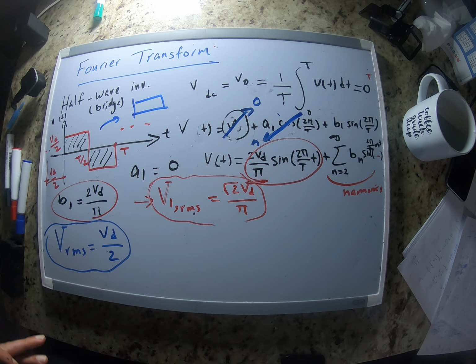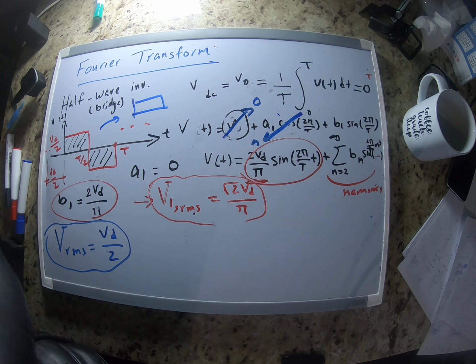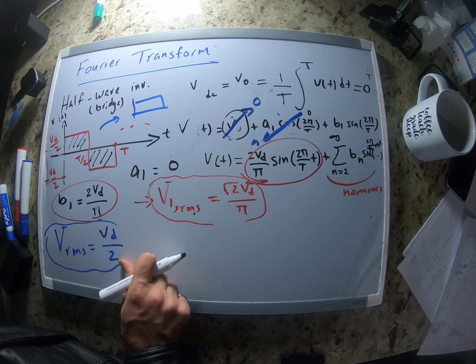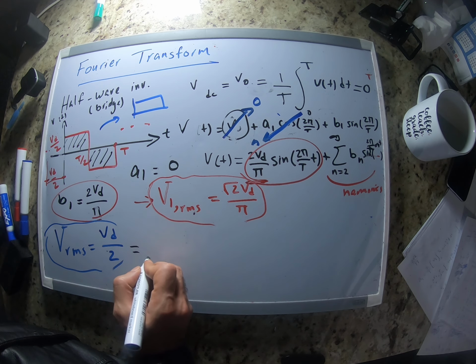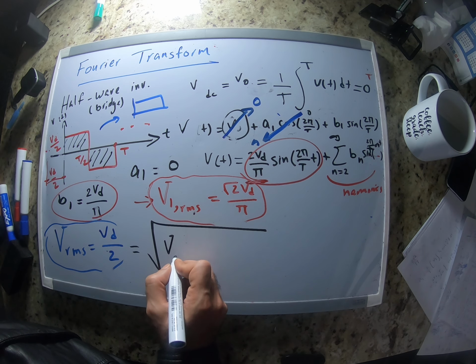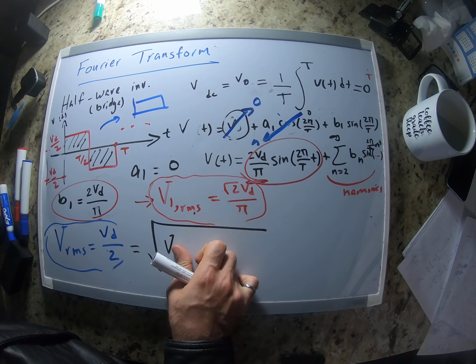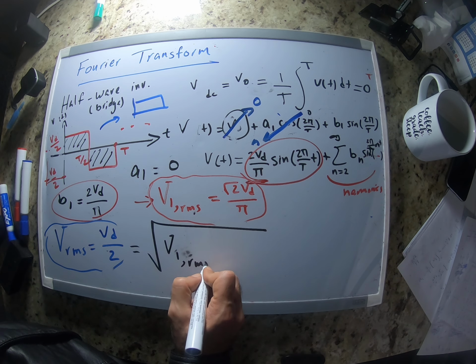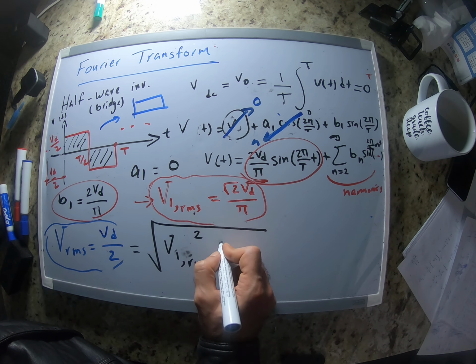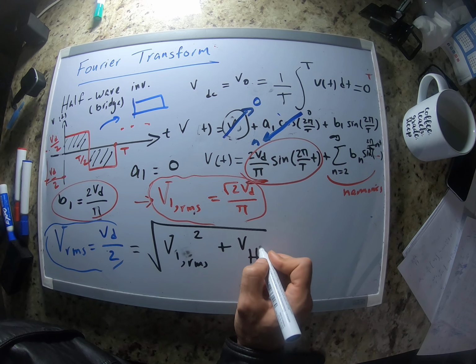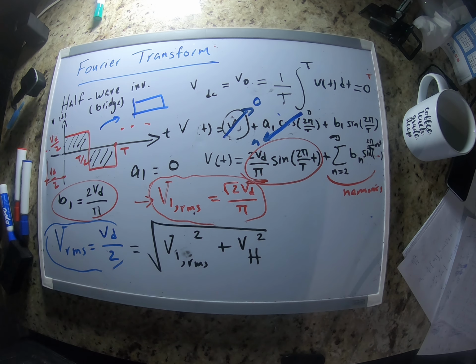Okay, so now this RMS value is equal to the RMS value of V sub 1 raised to power 2 plus V of all the harmonics raised to power 2.